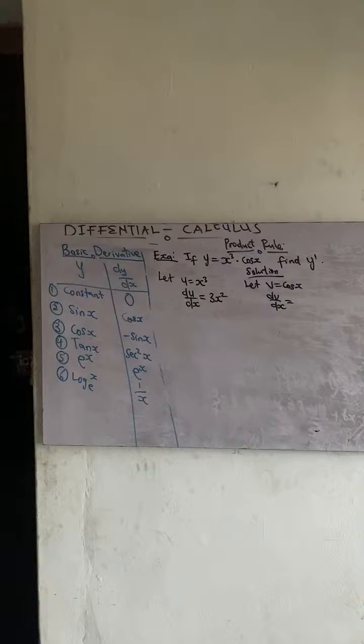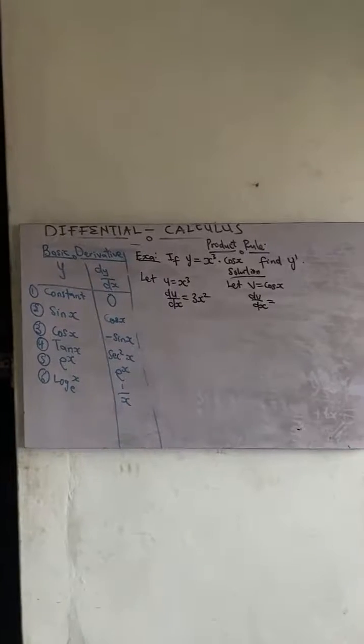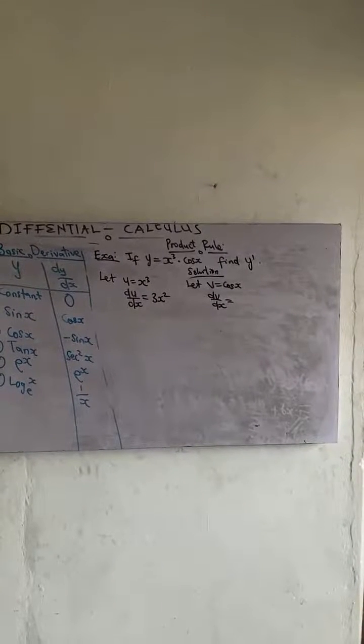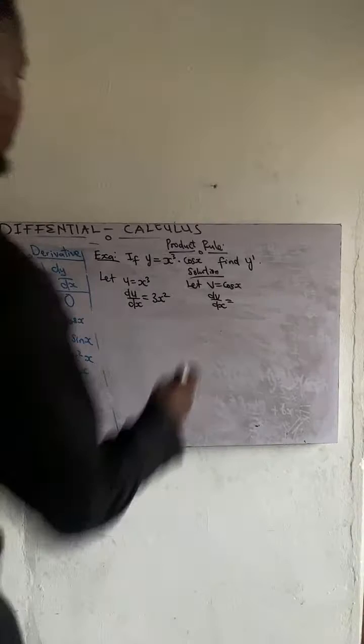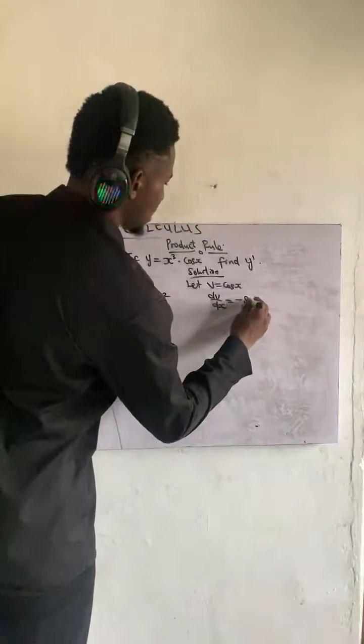Do you get that? So this simply means that the dv dx when v equals cos x would be what? Minus sin x. So the dv dx here is what? Minus sin x.